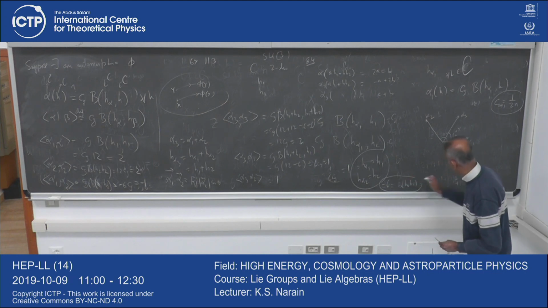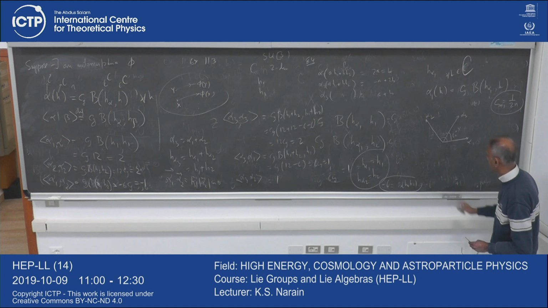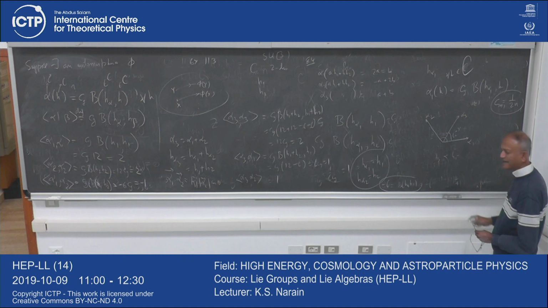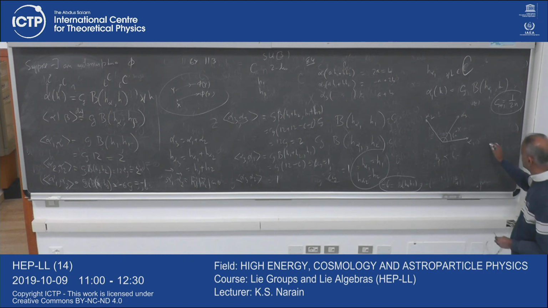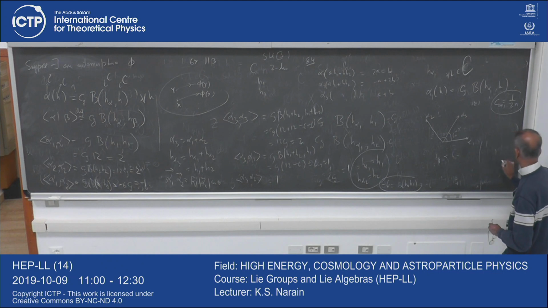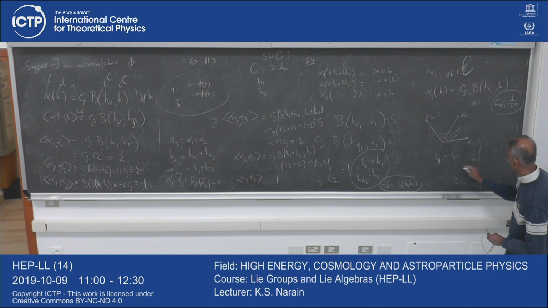If you had used instead what we are calling lambda 3, which was proportional to H1 minus H2, and lambda 8 was (1, 1, minus 2) up to some number, root 3, and H1 is (1, minus 1, 0), H2 was (0, 1, minus 1).